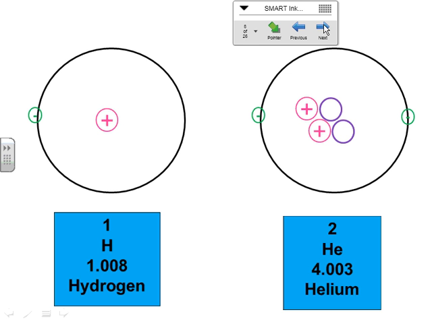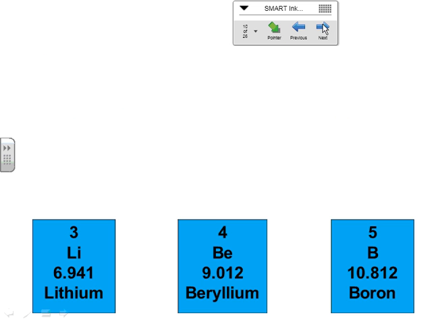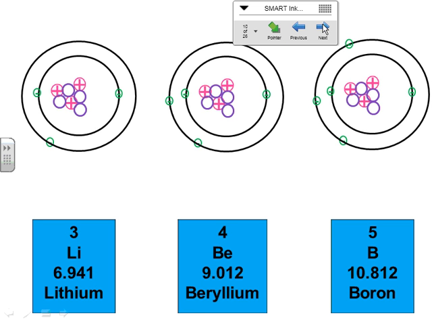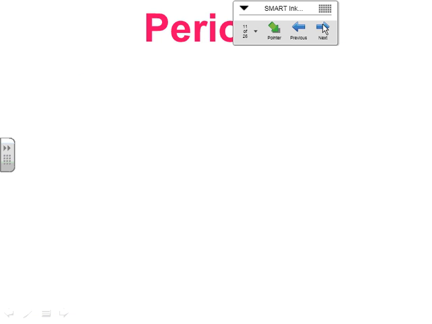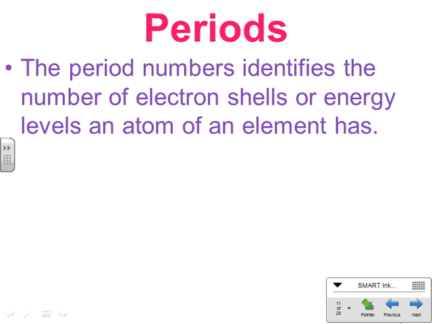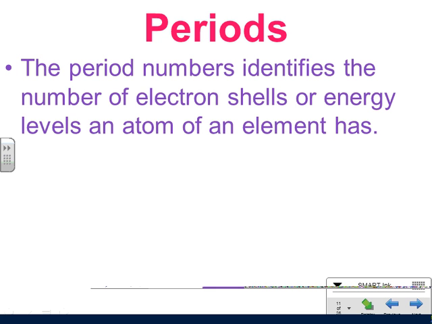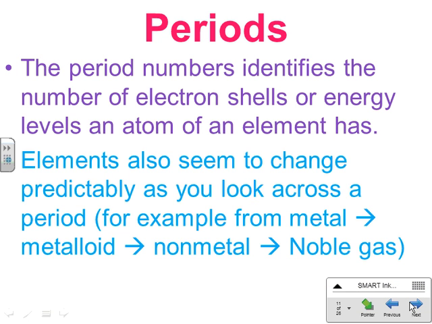How many electron shells are there? Hydrogen and helium both have 1 electron shell. Lithium, beryllium, and boron each have 2 electron shells. So, the number of periods identifies the number of electron shells or energy levels an atom of an element has.